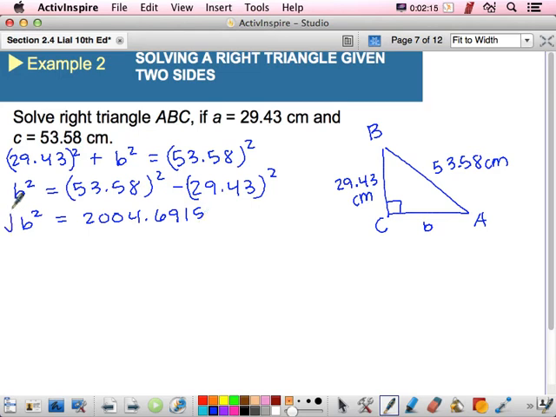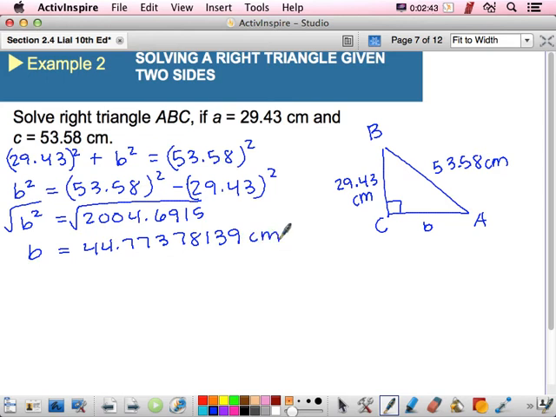Square root of the answer. If you know how to do that, it's usually second, but it depends on what calculator you're using. So 44.76, and that gives me 44.77378139 centimeters. That is the unrounded answer.